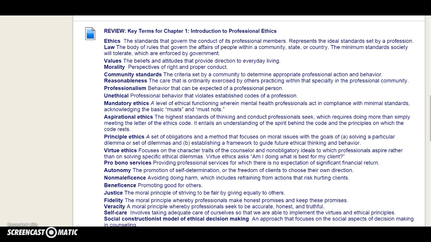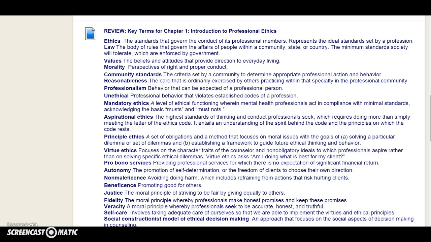So when we take a little closer look into ethics, we find that they're made up of values and morals, belief systems, and so those beliefs are based upon what is going to benefit the client the most, do the least harm, and protect both the helper and the client in the relationship.